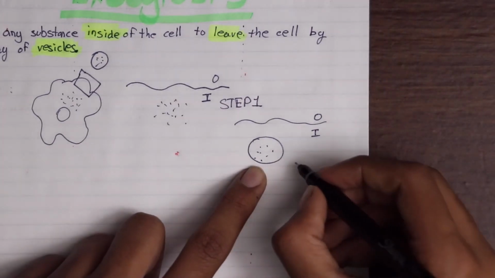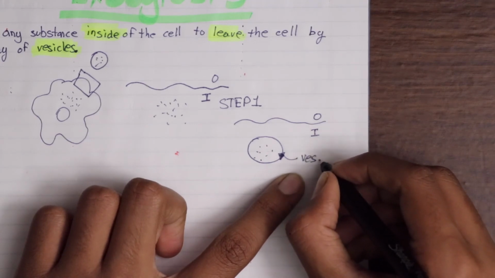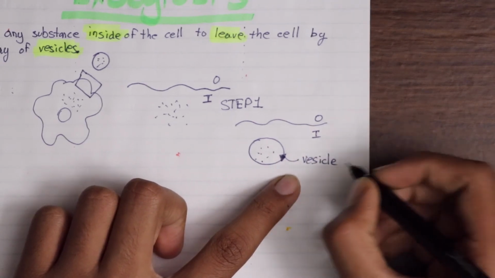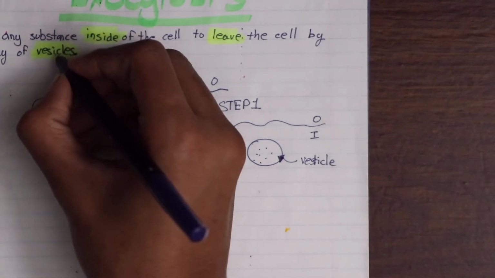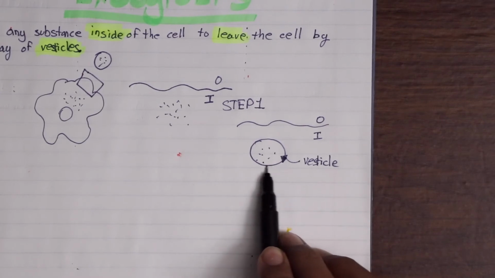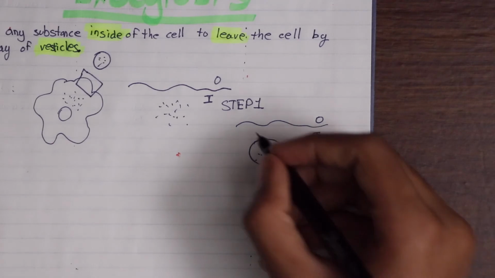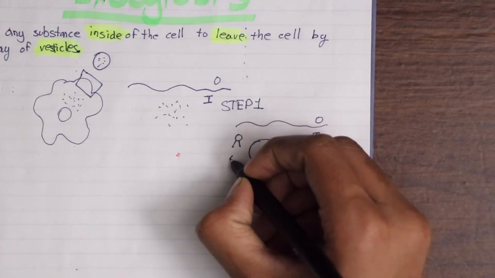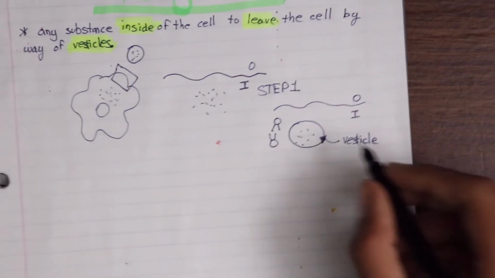So it grows a vesicle inside of the cell. And what that does is it puts the same stuff that's in our membrane, so the phospholipids, all around the substance that wants to be removed.